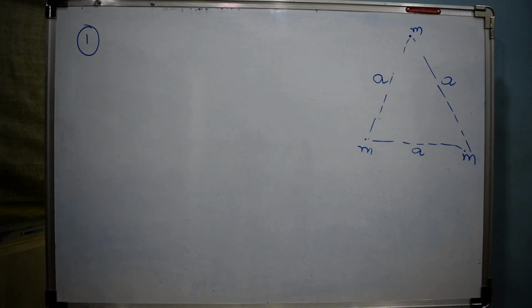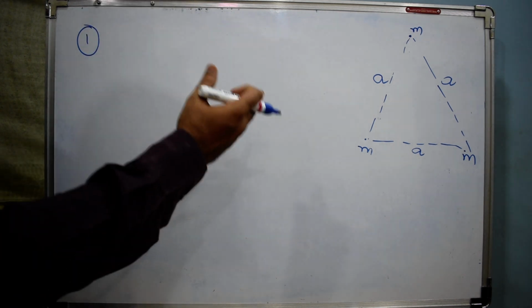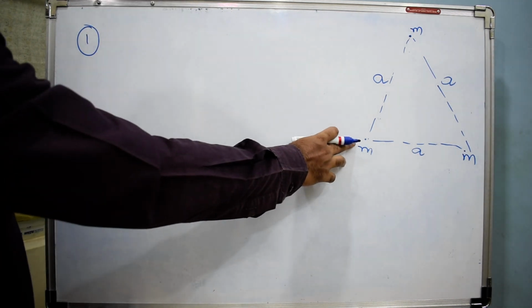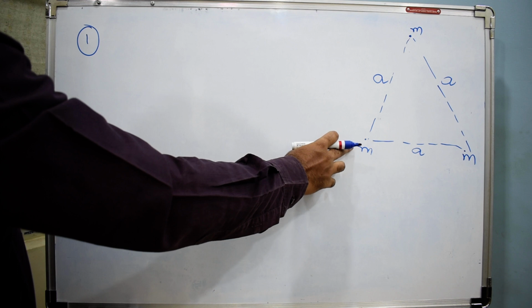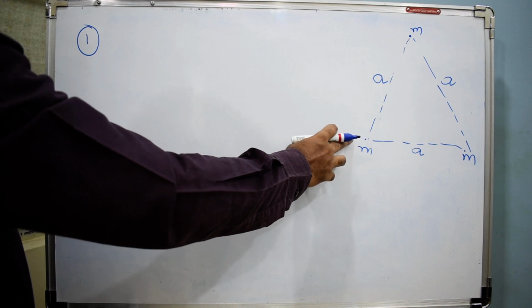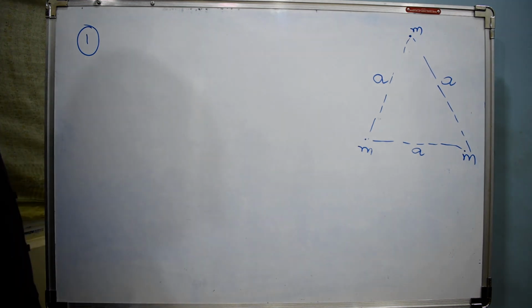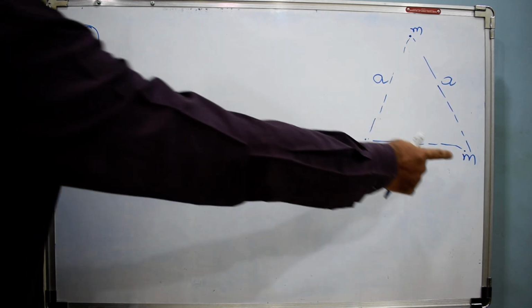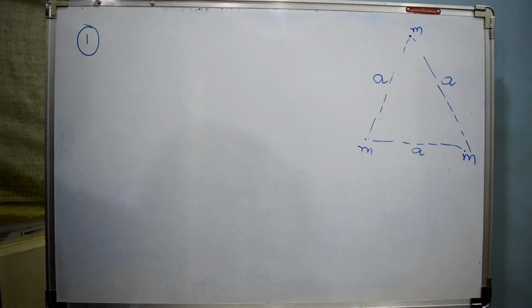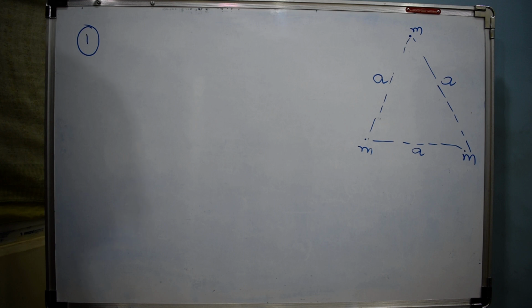Now what we need to find is, if I take this mass, the resultant of the gravitational force acting on this mass due to these two masses. So that's what we are intending to find in this situation.